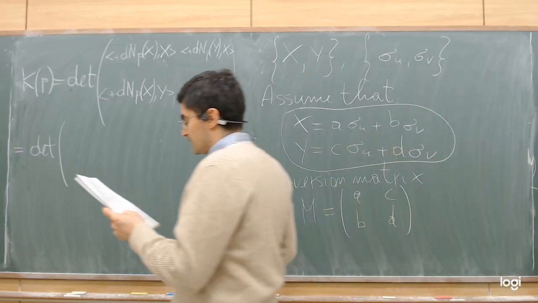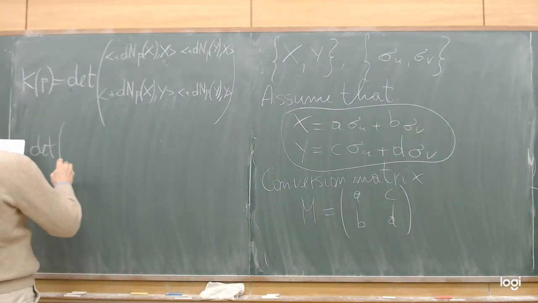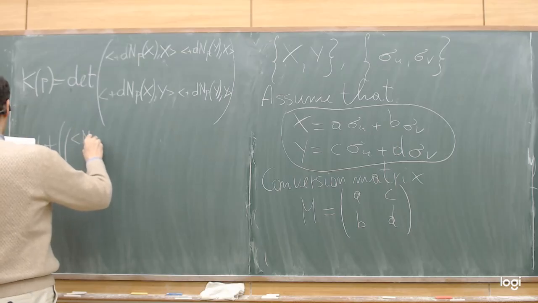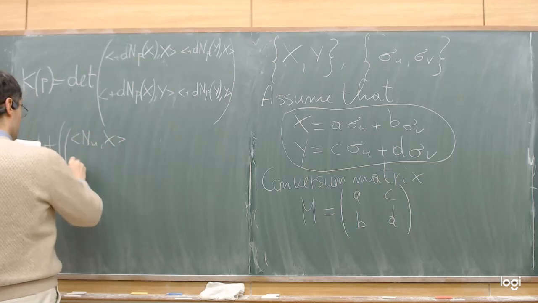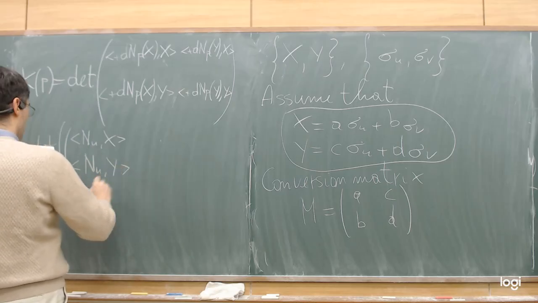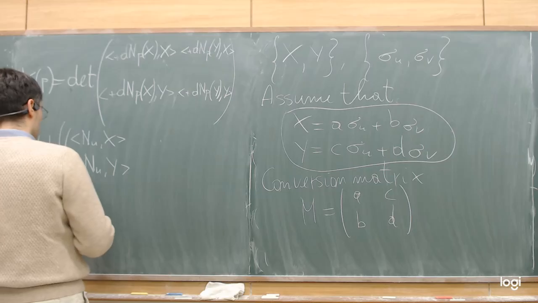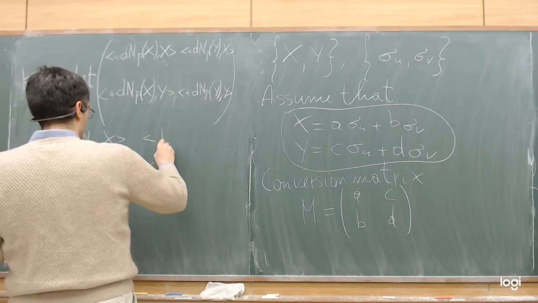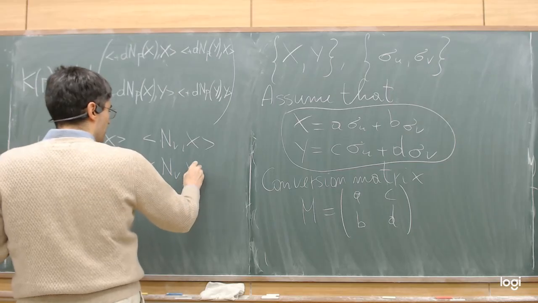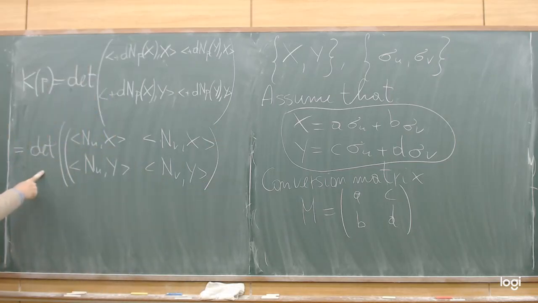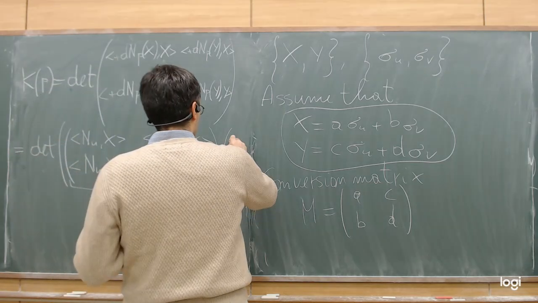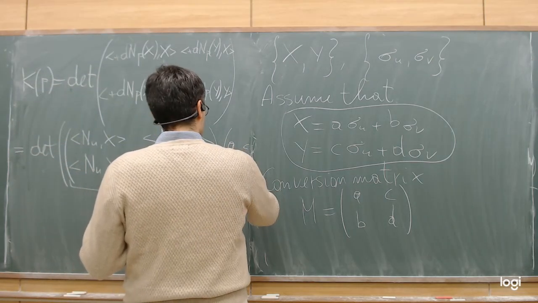It happens that we get this matrix here multiplied by A, C, B, D.